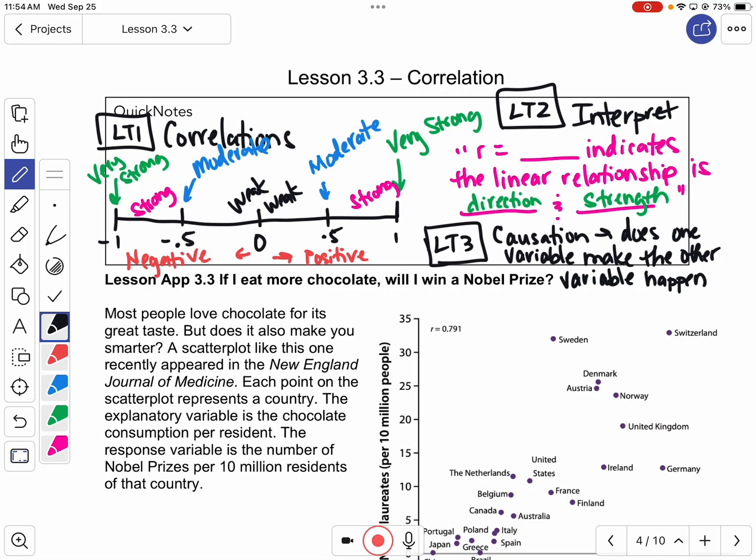Does one variable make the other variable happen? That's what causation refers to.